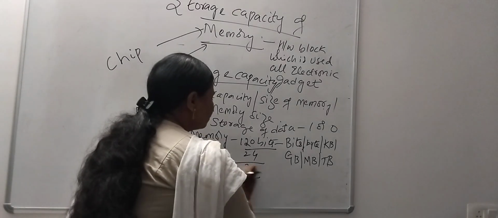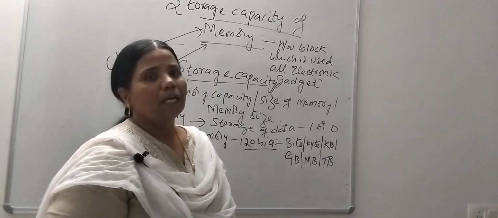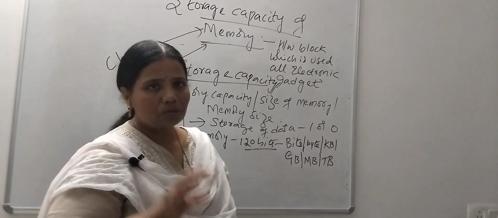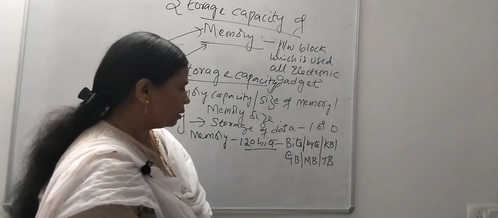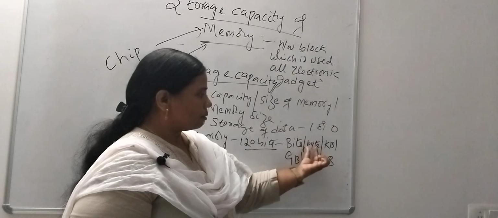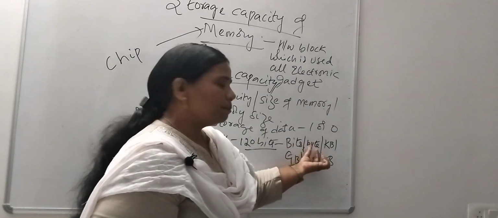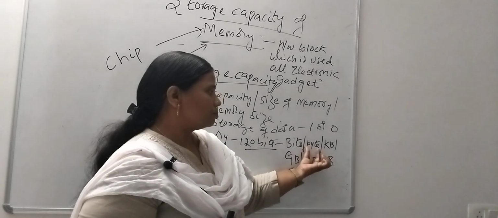So the capacity of memory which is used for storage in the form of bits, that we call storage capacity, that everyone should remember. And what are the units? It will be expressed in bits or bytes. Bit means ones and zeros, as I already told you. Byte means a group of 8 bits used for storage.